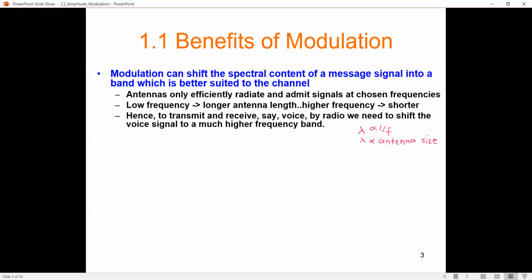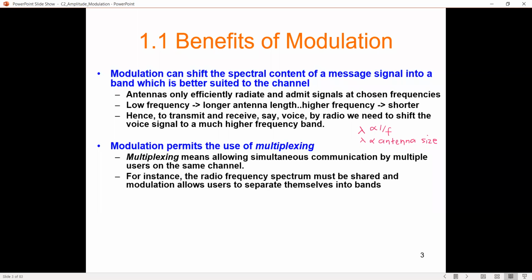So if we want to have a very compact mobile phone with a small antenna, we need to make sure that the frequency should be high enough. So that is one of the importance of modulation, shifting our spectral content to a frequency that is suitable for our channel.